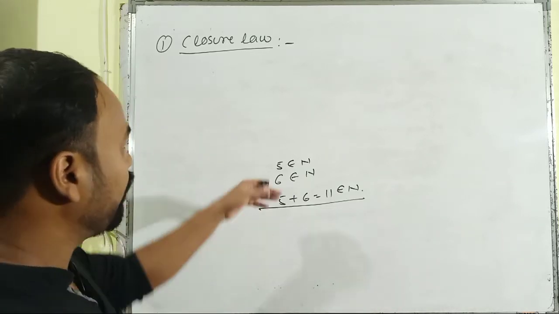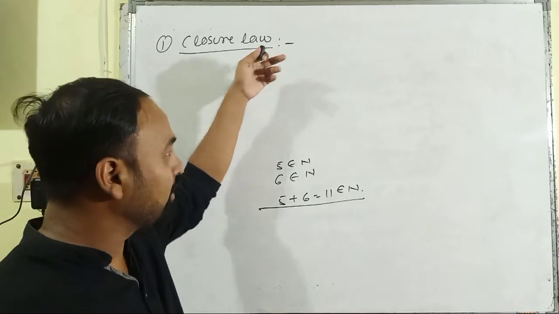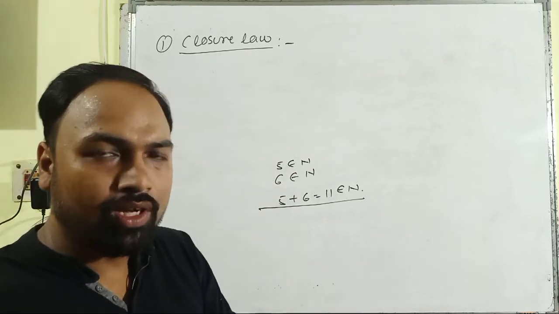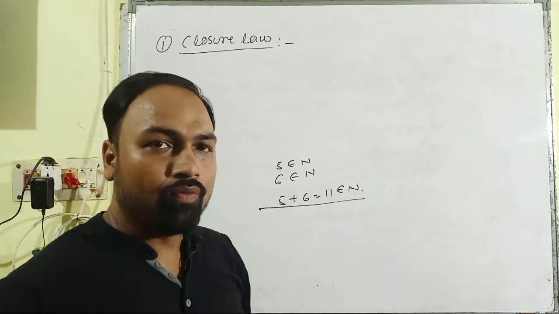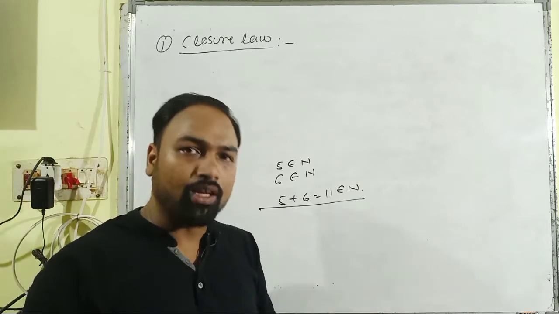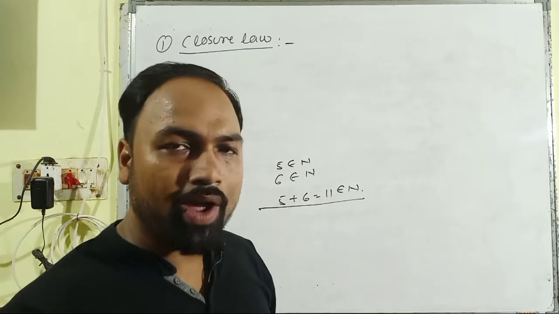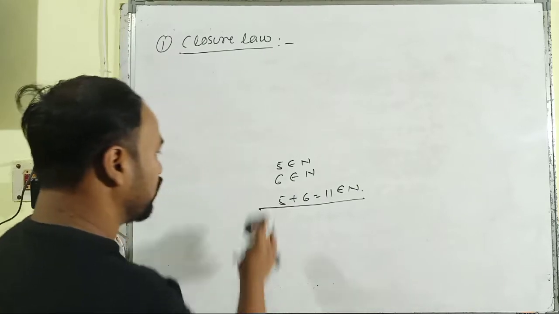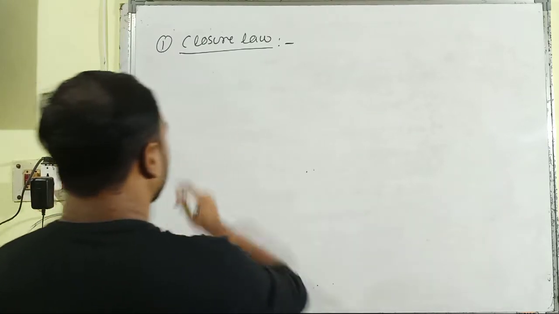Similarly, we have to go through 2 complex numbers, and then we have to add both of them, and then prove that the set of complex numbers satisfies the closure law of addition. So let us take 2 complex numbers.